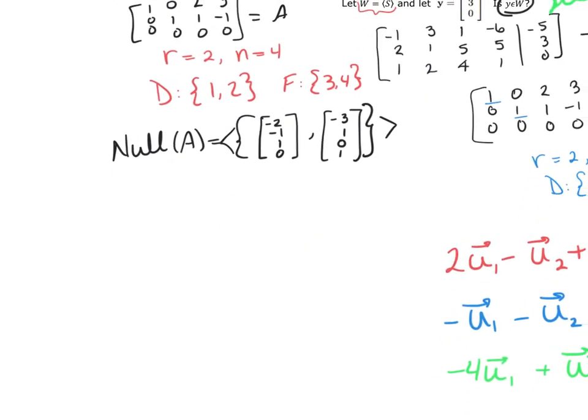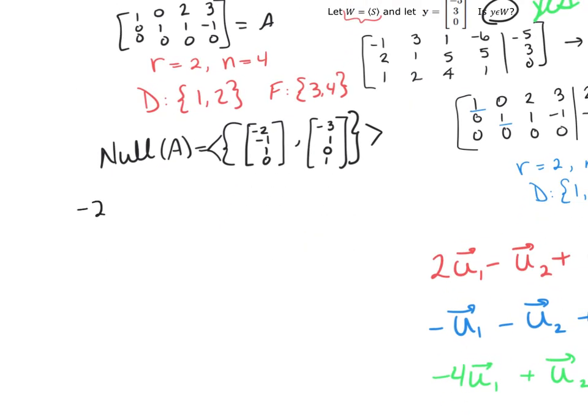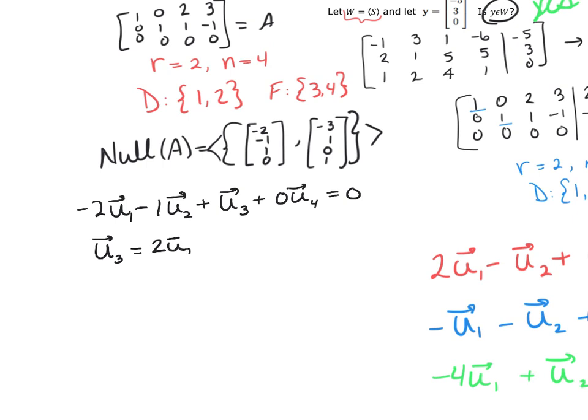Well, this tells me that if I do -2 times my first vector, -1 times my second vector, so u1, u2, plus u3 plus 0 u4 is going to give me 0. So in other words, I have u3 can be written as a linear combination of 2 u1 plus u2.